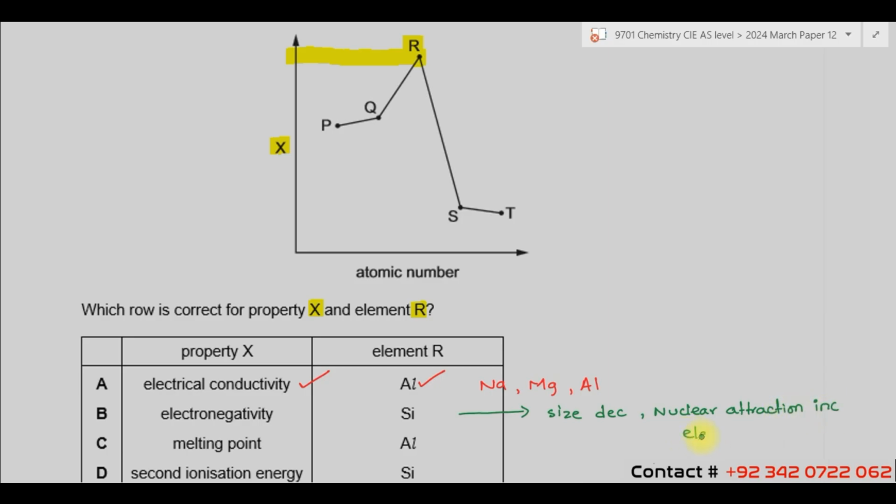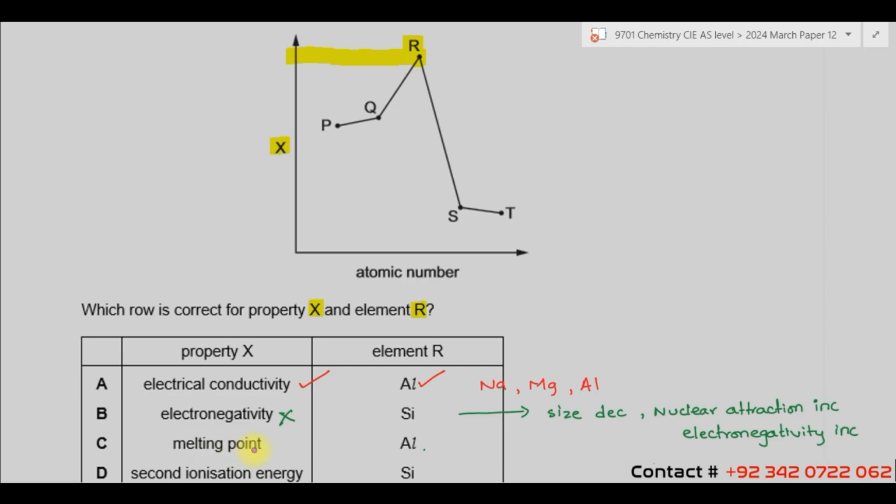So electronegativity also increases. So electronegativity values should still keep increasing after R. It cannot be electronegativity because it is decreasing from R to next elements.